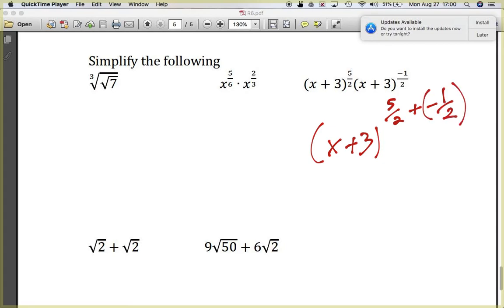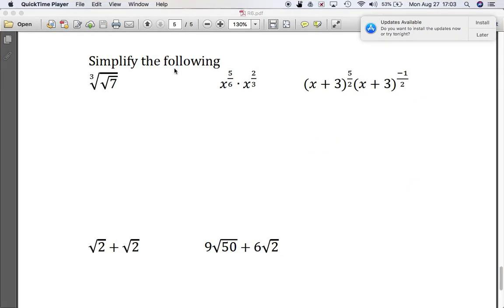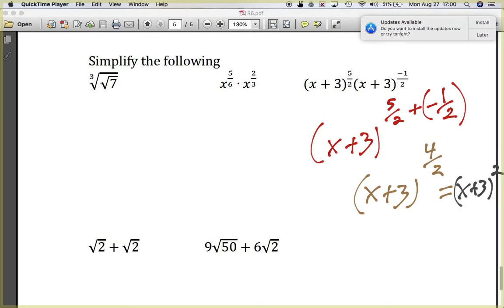Add them together. 5/2 plus a negative 1/2 should be 4/2 if I'm doing math right in my head. Which once again, if you can simplify, please do. Ends up as x plus 3 squared. And once again, unless the instructions tell you otherwise, leaving it as that is perfectly fine.